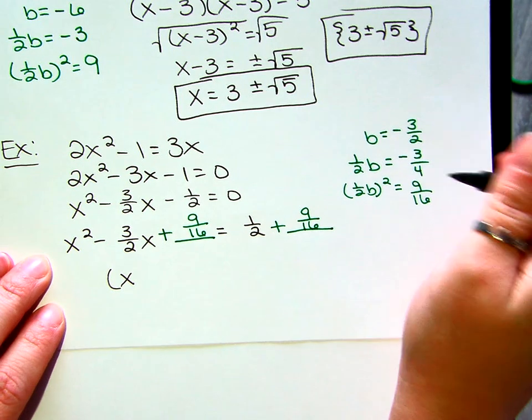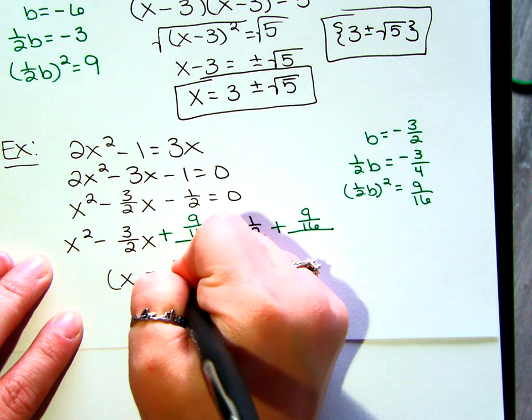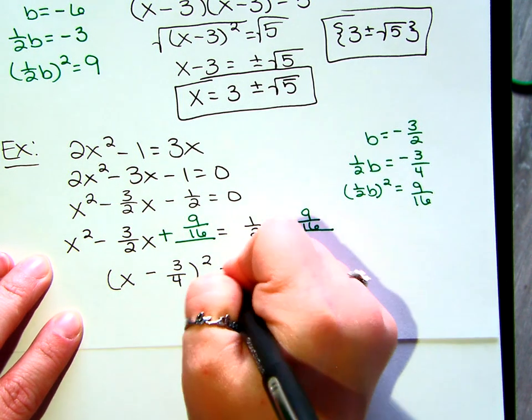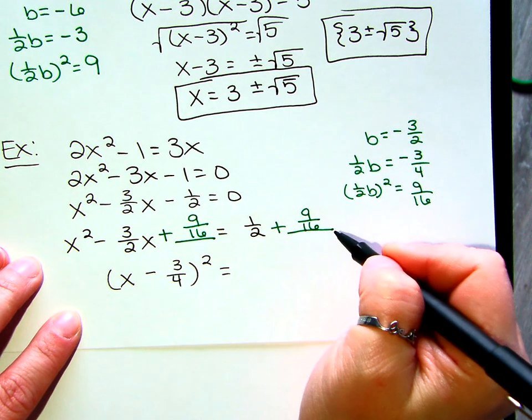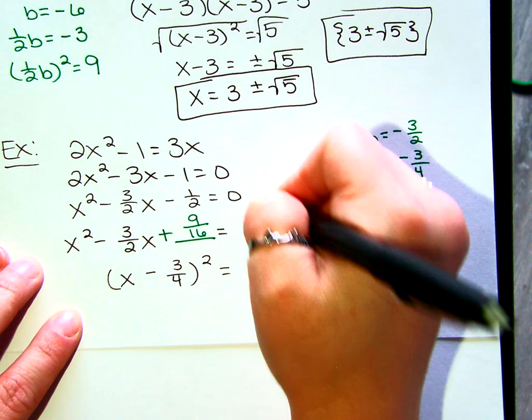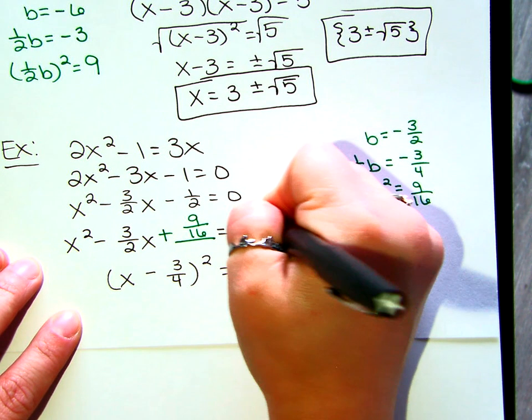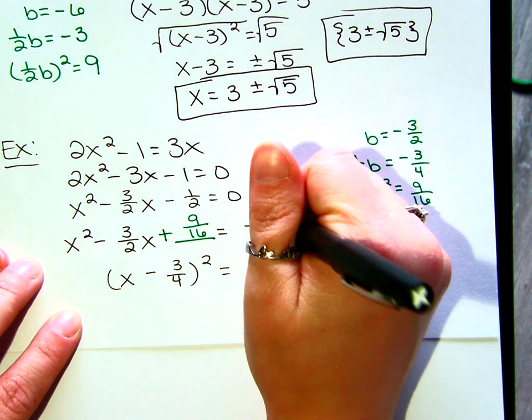So it'll be minus 3 fourths, and that's quantity squared, equals, now we do need to do some algebra over here to add 1 half to 9 sixteenths. 1 half, if I get a common denominator of 16, I have to multiply the top and the bottom by 8, meaning I would have 8 plus 9, which is 17 sixteenths.